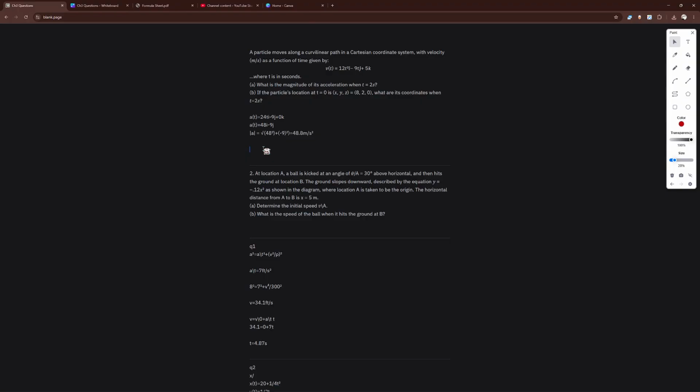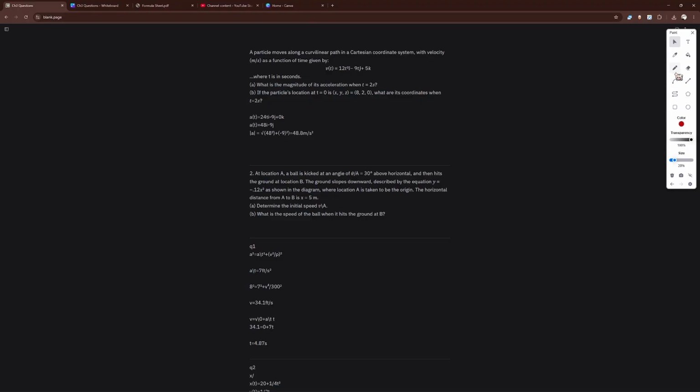So we need to integrate each of the components of the velocity to get our position vector. The integral of 12t squared is going to be 4t cubed. This is a definite integral, by the way.